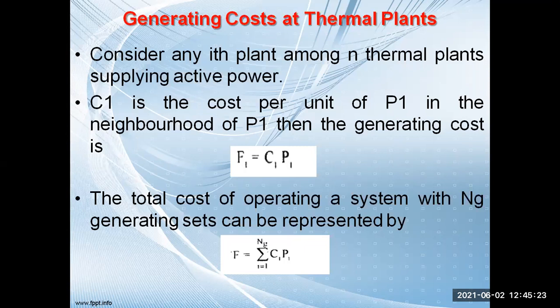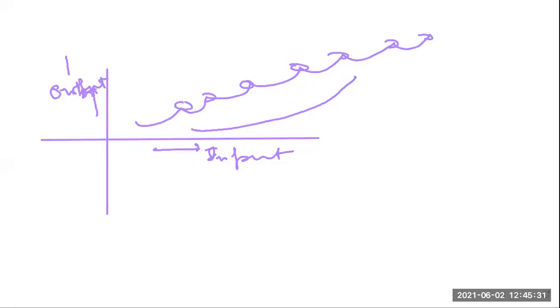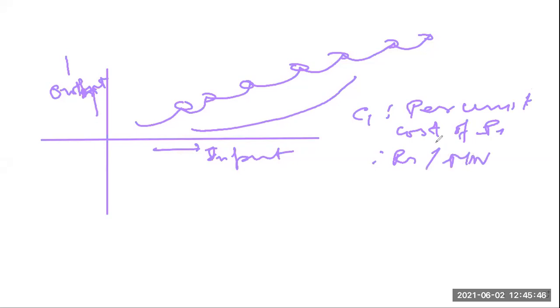Per unit cost means rupees per megawatt: the cost to generate 1 megawatt of power. Now, let us say P1 is the capacity of that particular power plant, in megawatt.